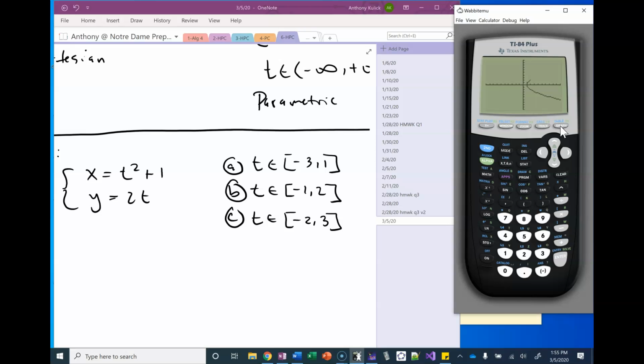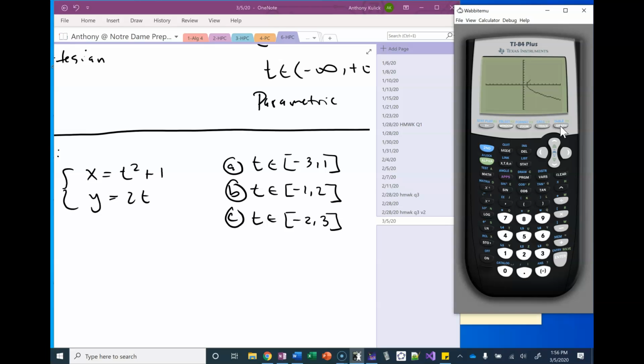And although when we talk about a Cartesian form, we would not consider this a function, in parametric form we still do. Because our variable is not x or y, our variable is t. So this is still a well-defined function in terms of t, where it wouldn't have been a function in terms of x and y.